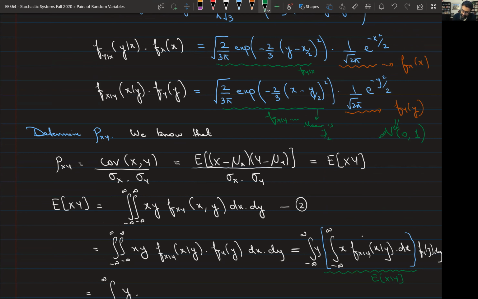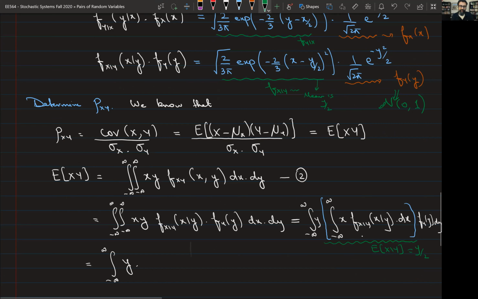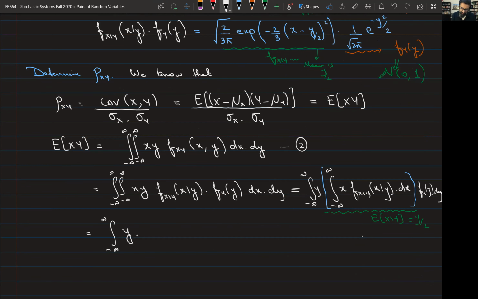So I know that this is equal to y by 2, and this comes from the example that we did previously as well. Therefore, the term inside the blue brackets is equal to y by 2 times fy of y dy. So this is the integral from minus infinity to plus infinity of y squared by 2 times fy of y times dy. How do I solve this integral now?